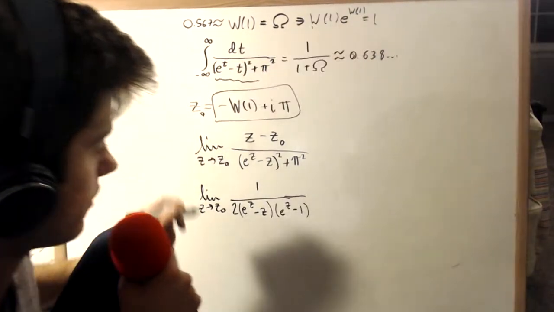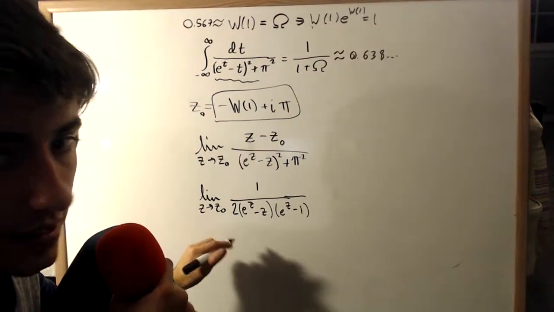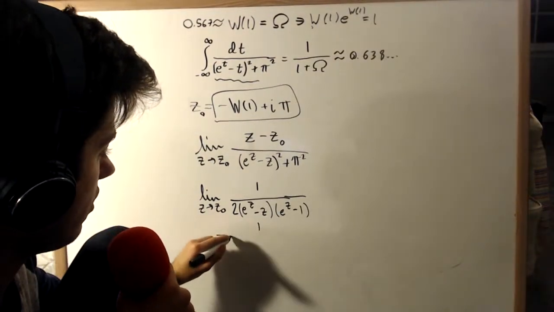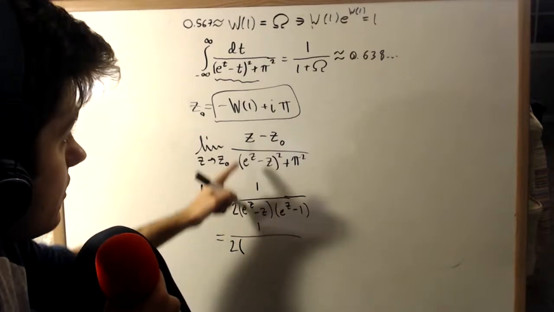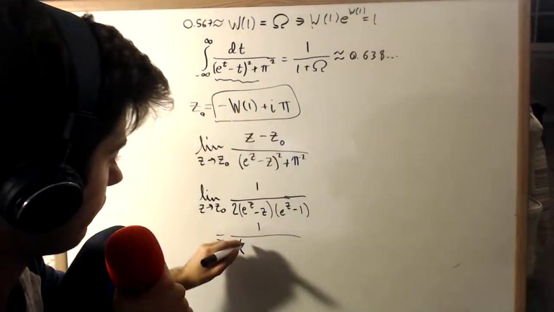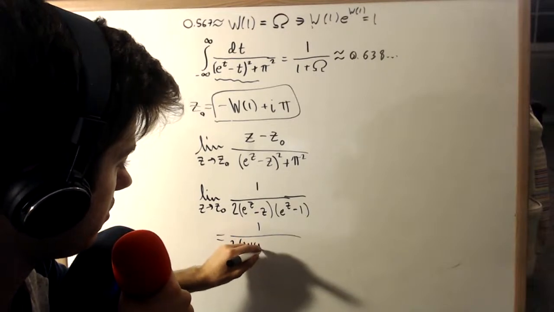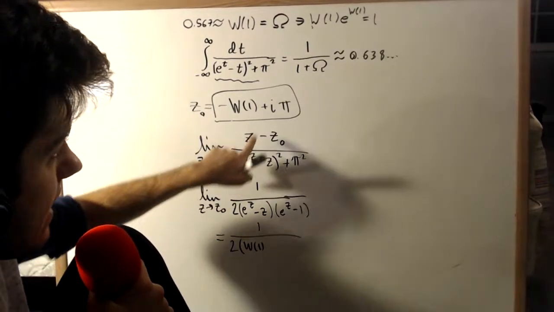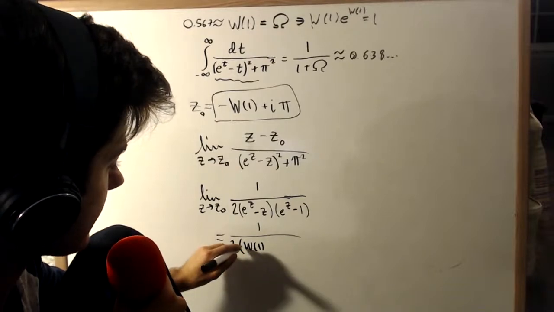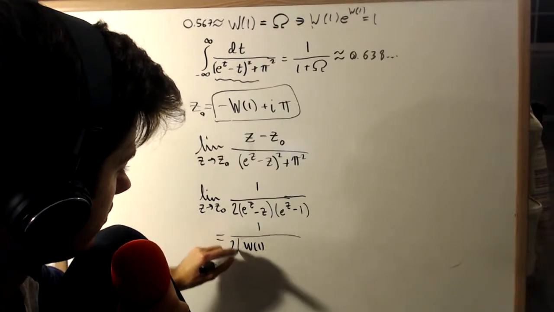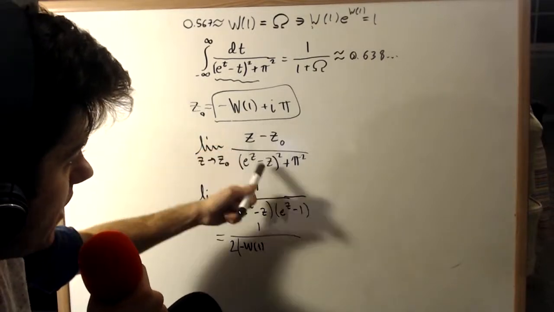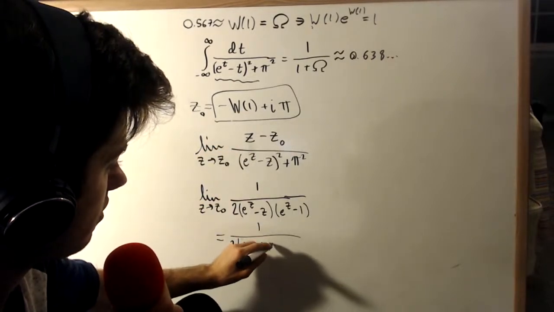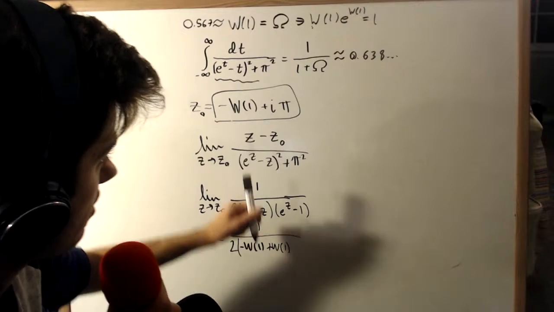So we're going to get 1 over 2 times e to the negative W of 1, which is W of 1. And e to the i pi is -1. So that's going to get multiplied by -1. And we're just plugging this in for z now. So we get W of 1, because we're doing minus W of 1.